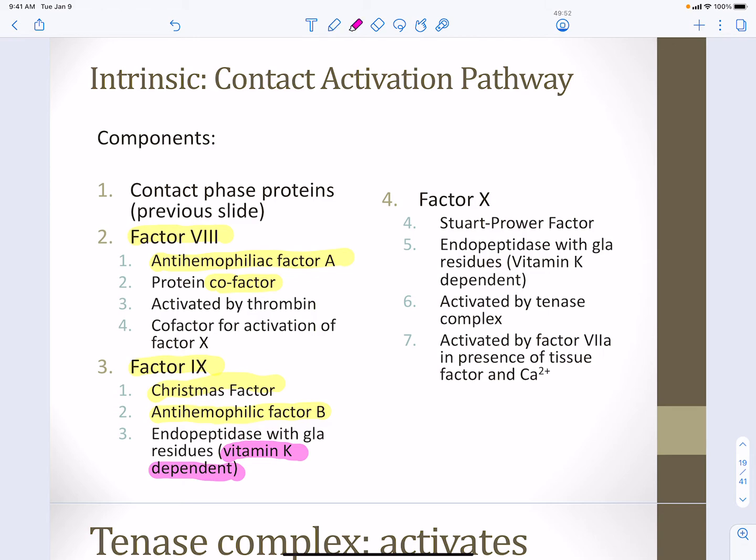And then finally we have our very important factor 10. This is known as the Stuart-Prower factor. It is an endopeptidase. It is vitamin K dependent. It's going to be activated by a process that includes the tenase complex, and it's activated by factor 7A, in the presence of tissue factor and calcium.